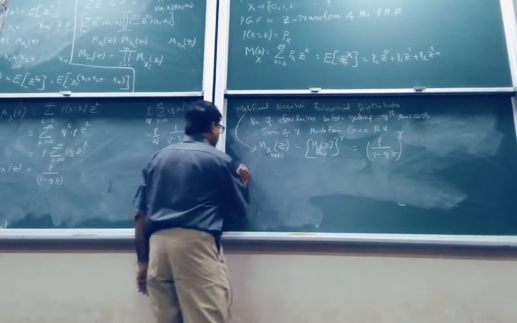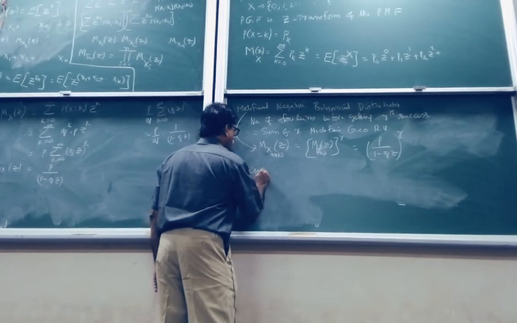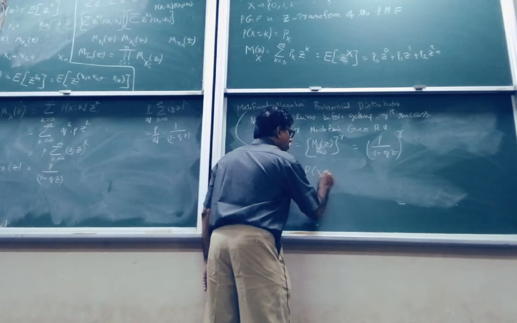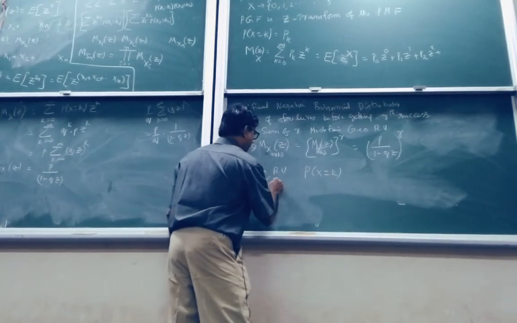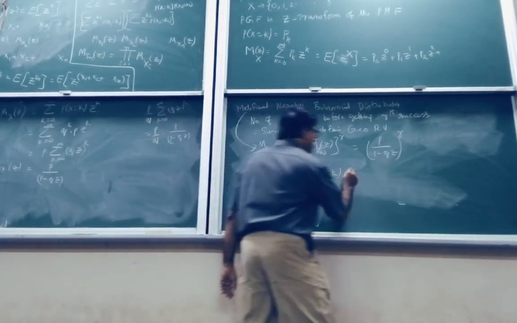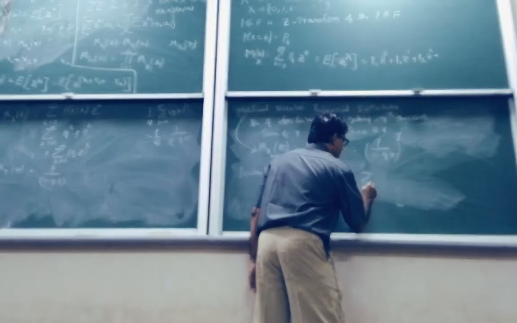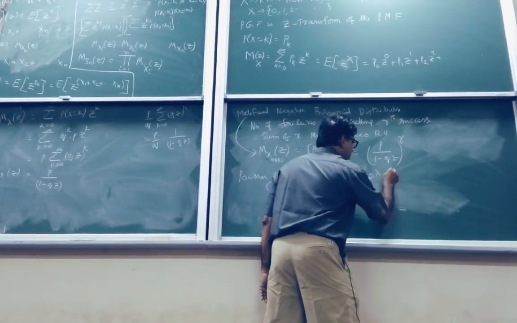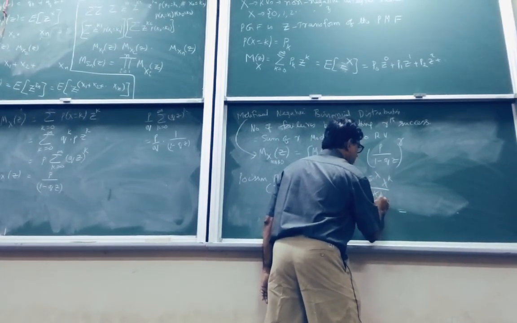Okay. Then the Poisson random variable. Here probability X equals k is e power of minus lambda, lambda power k by k factorial.